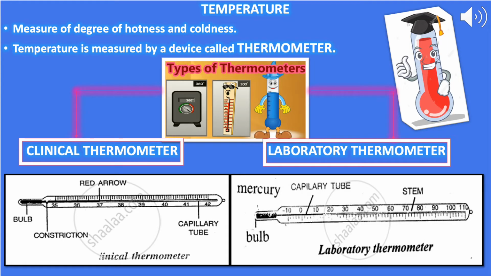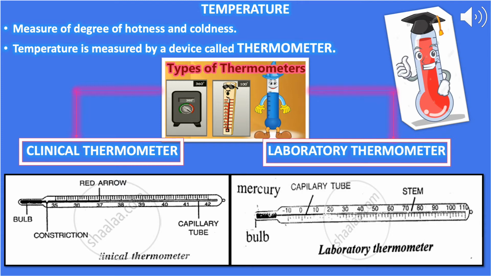Students, in the previous slide, you have seen that touch is not a reliable method to know the temperature of any object. So, students, what is temperature? Actually, the measure of degree of hotness and coldness of any object is called temperature. And a reliable device which is used to measure the temperature is called a thermometer.